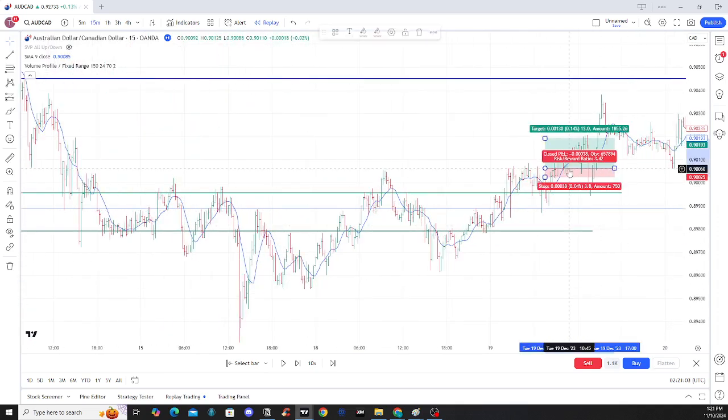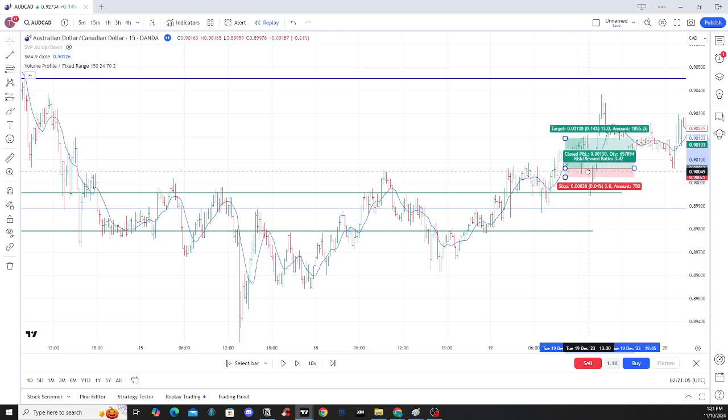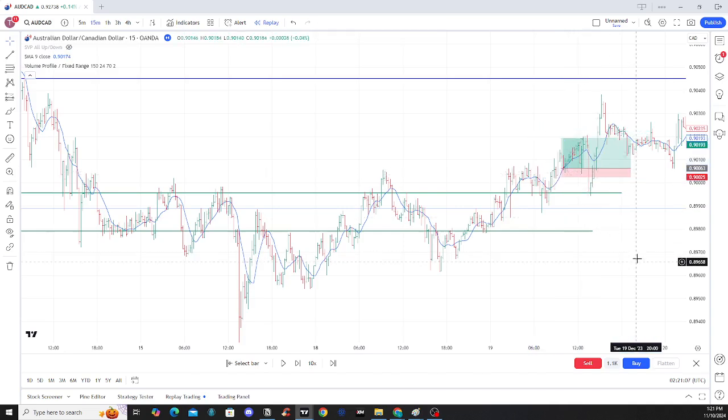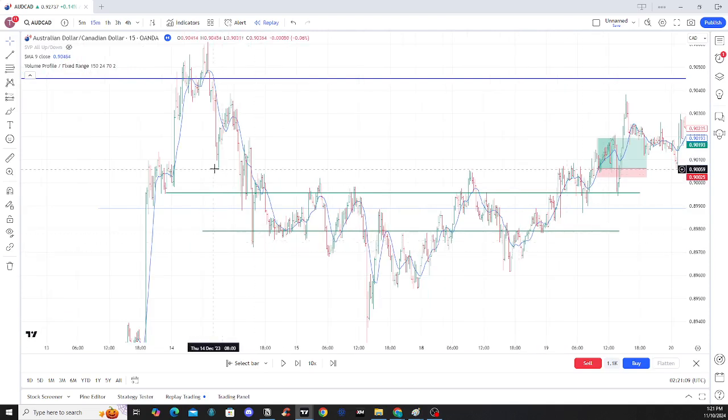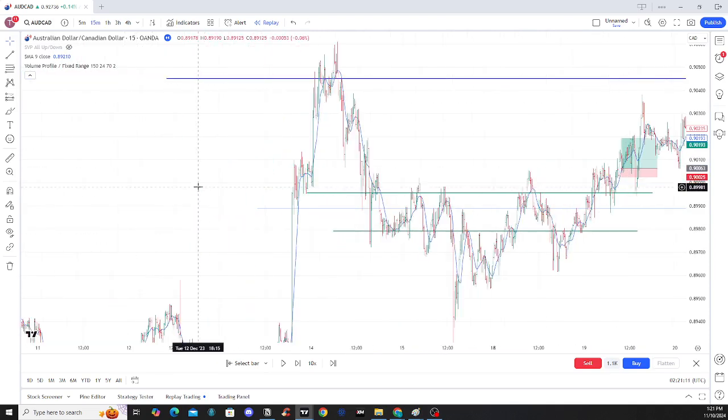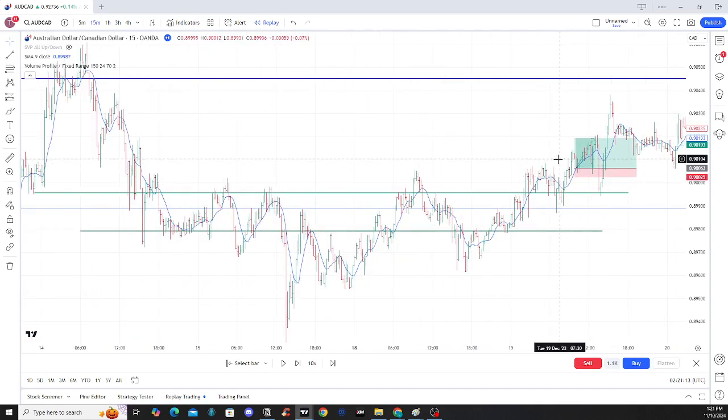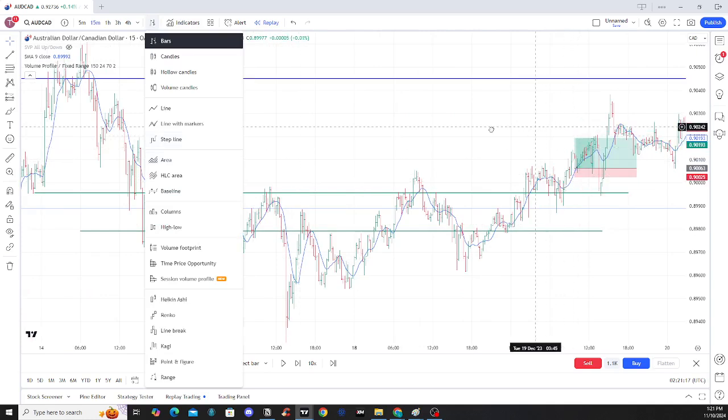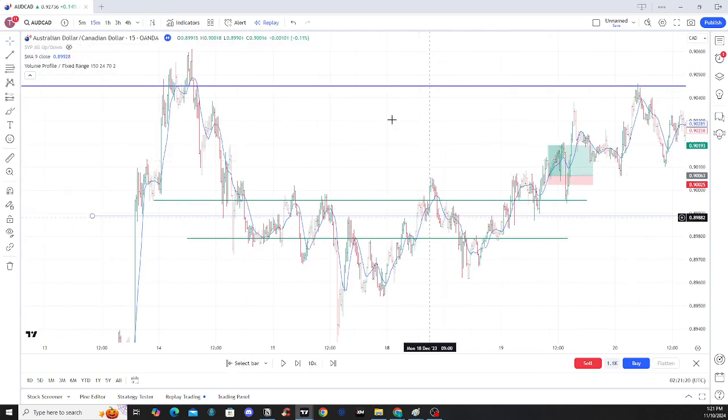So what I'm going to need to do is just move my entry over here and try and locate the fixed range volume profile, which is nowhere to be found. I'm also thinking that the fixed range volume profile might not actually, on the 15-minute chart, encompass this entire trading range.